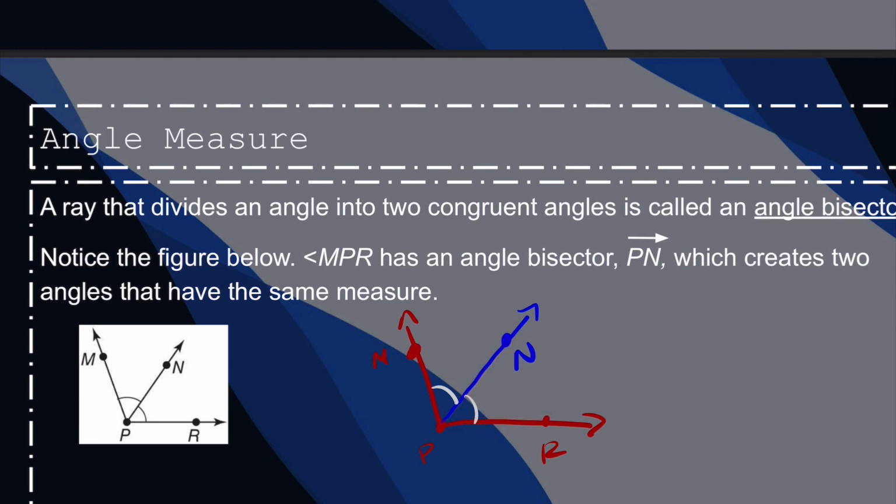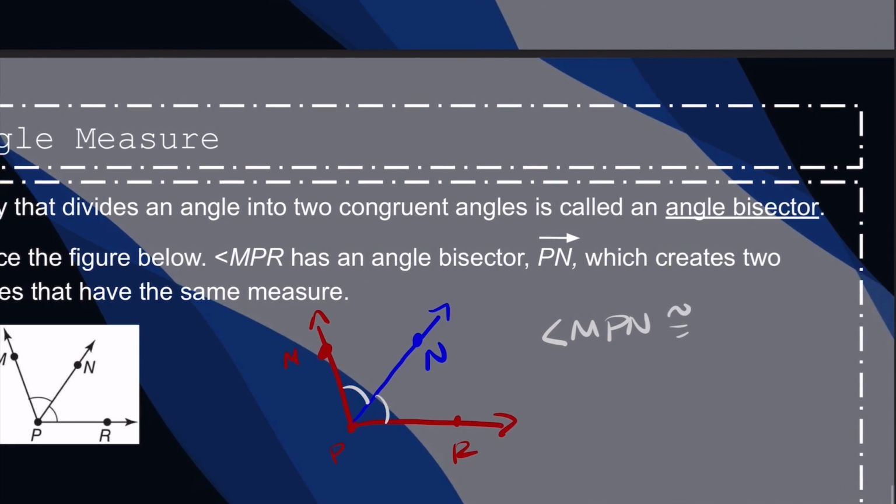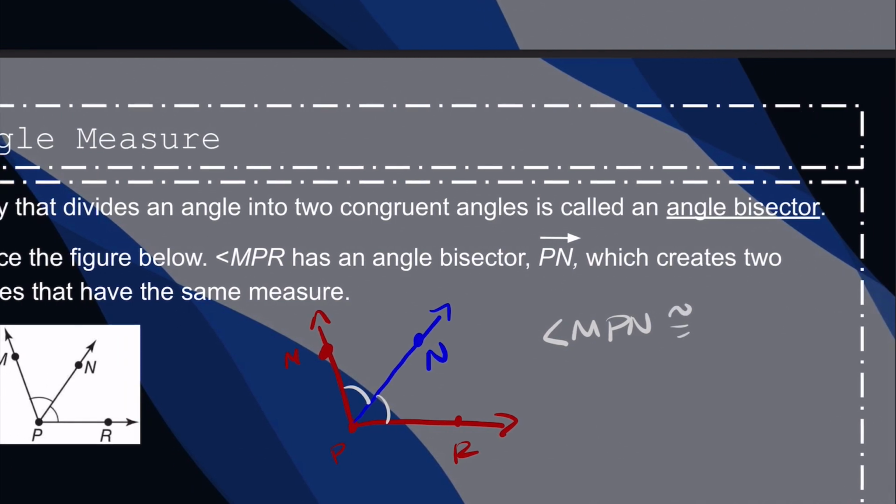So I will write angle MPN is congruent to angle RPN. Remember, the P is the vertex.